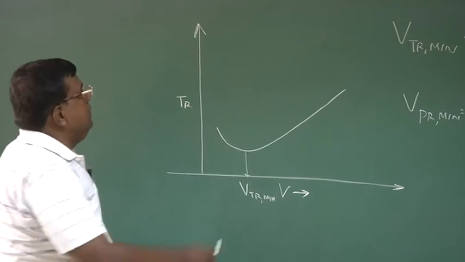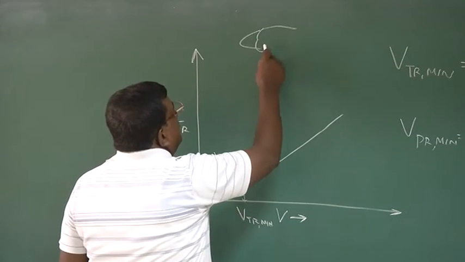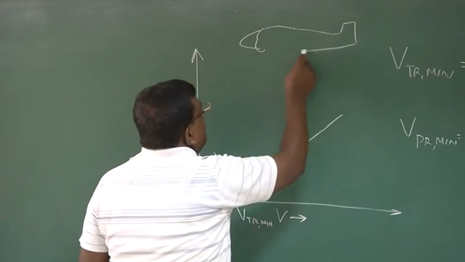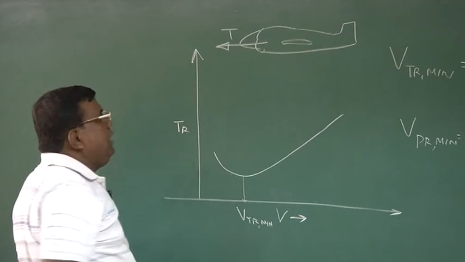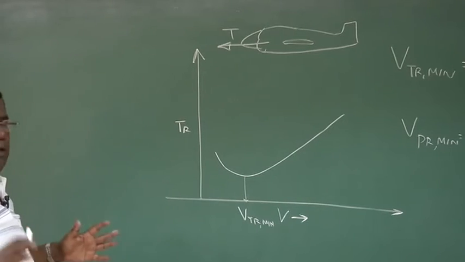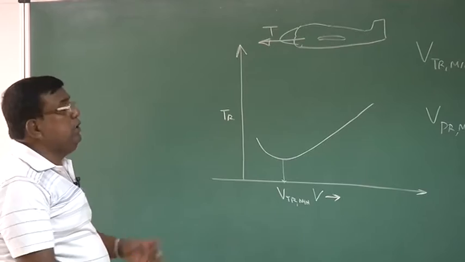The airplane has an engine, right? It will be delivering some thrust. Let's say I am drawing a typical representation of thrust from a jet engine, turbojet type.